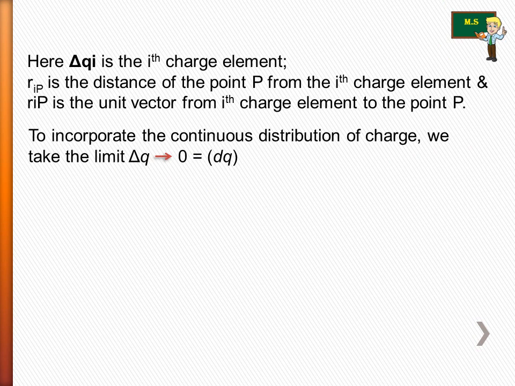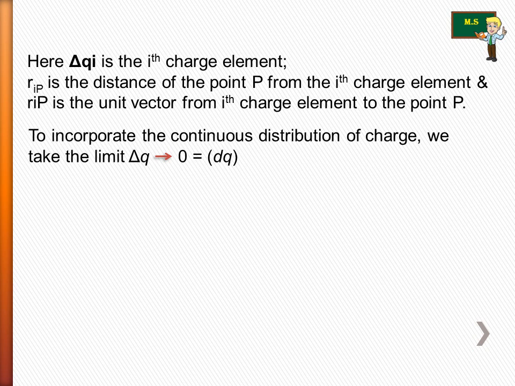Here del qi is the ith charge element, riP is the distance from the ith charge element to the point P, and r cap iP is the unit vector from the ith charge element to the point P.